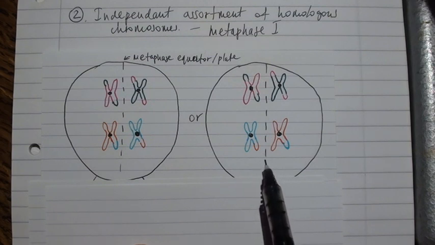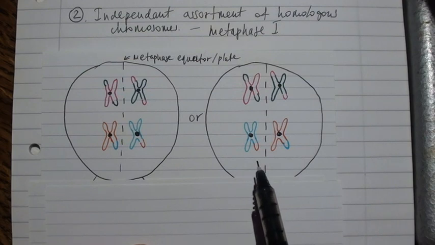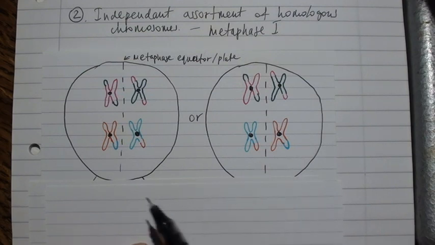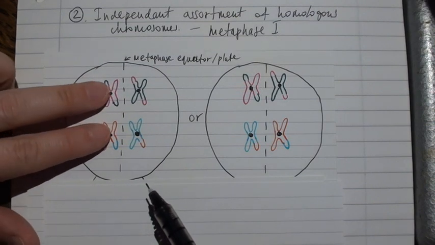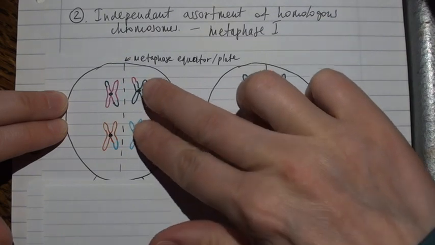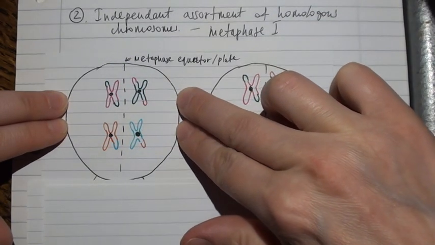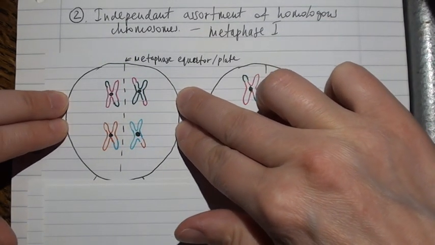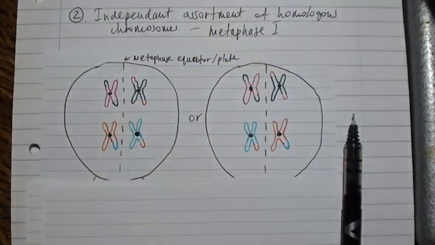What that would mean is that as meiosis 1 carries on, in the next stage, those two chromosomes are going to get drawn to this side of the cell. The other two chromosomes are going to get drawn to the opposite side of the cell, and the cell is going to split in half.